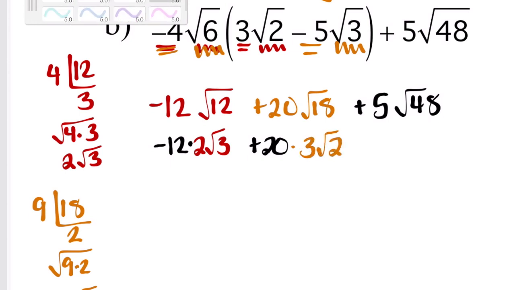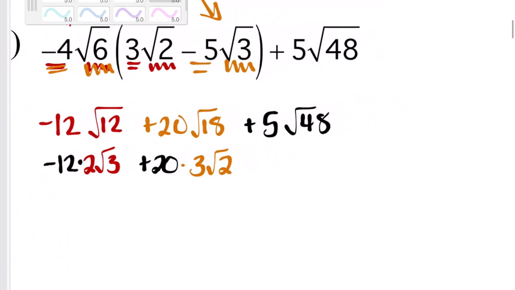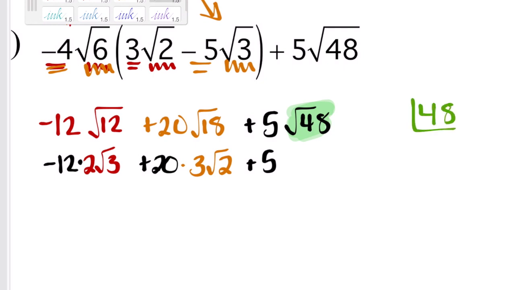And then the last one I want to look at is 48. And sometimes you can pull out multiple things if you don't see the largest square root right away. So the largest square root that we can take out of 48 is 16. But say you didn't see that right away, say you just saw 4, you're left with 12. You can take out another 4, you're left with 3.